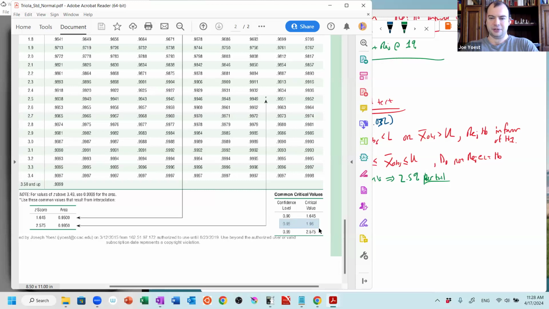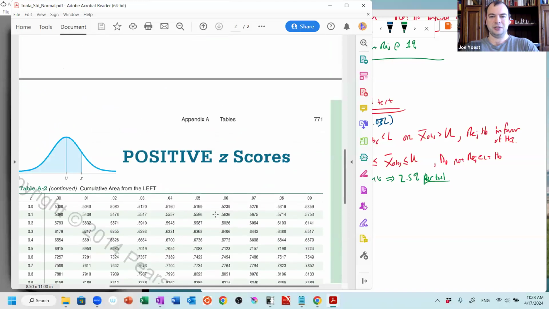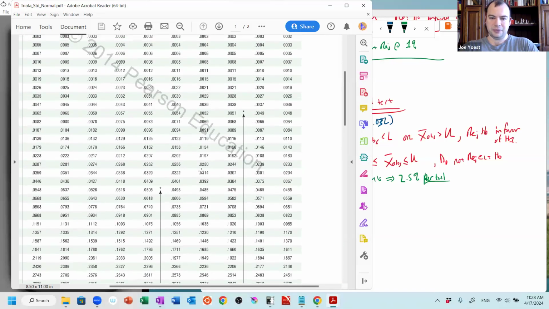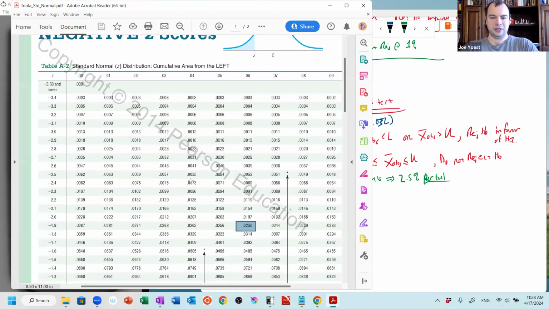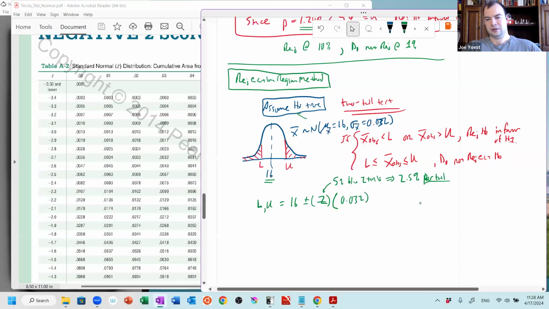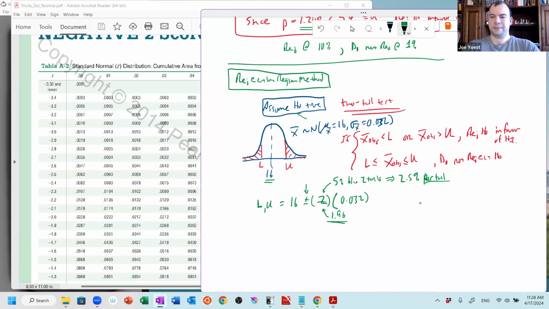For a 95% confidence interval, that gives me a z number of 1.96. Or I could look up 0.0250 in the middle of my table, and I see that I get negative 1.96. So this is 1.96. We have the plus or minus here taking care of whether we use the plus or the minus; it doesn't really matter.